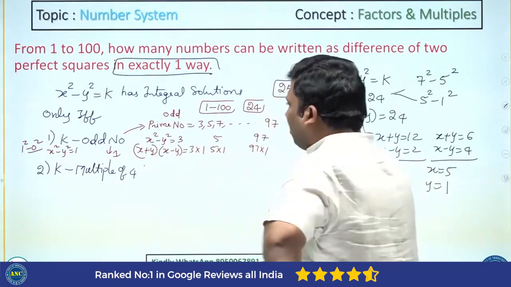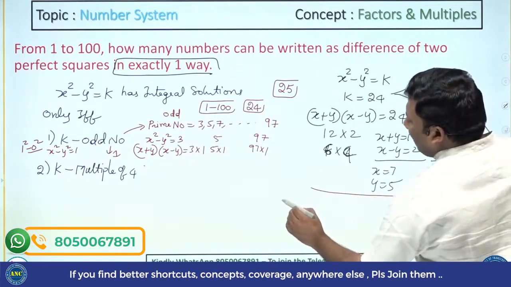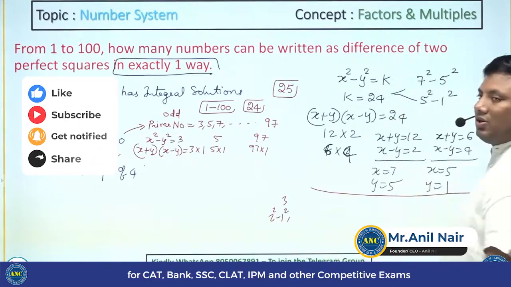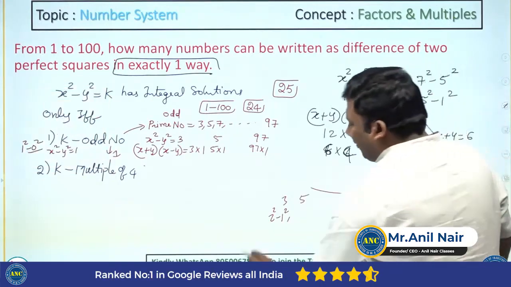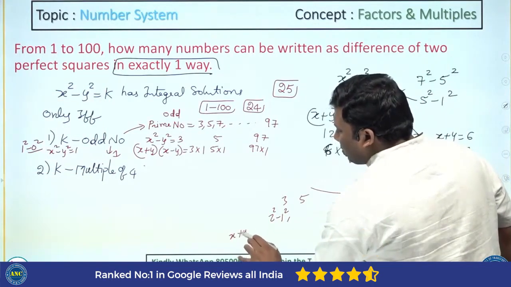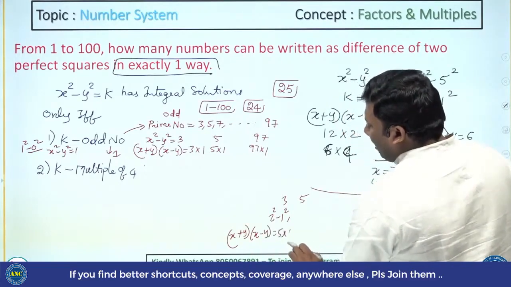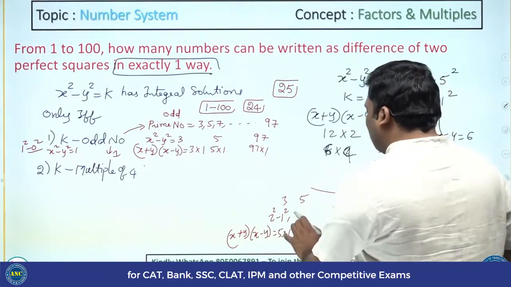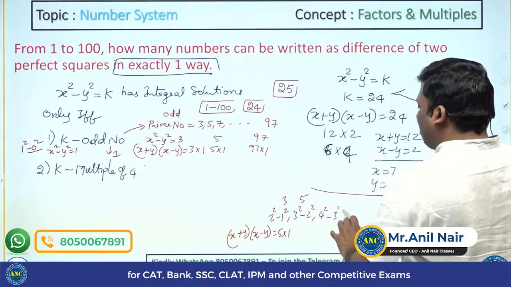So 3 can be written only as 2 square minus 1 square. If it is 5, x square minus y square is 5, x plus y is 5 and x minus y is 1, 2x equivalent to 6, x is 3, y is 2. So 3 square minus 2 square. 4 square minus 3 square.